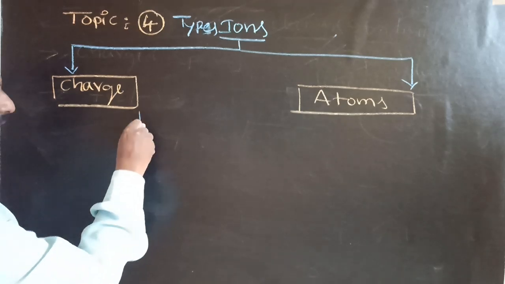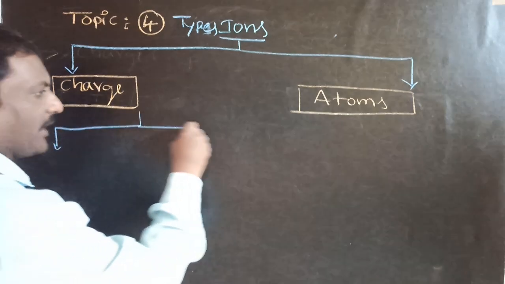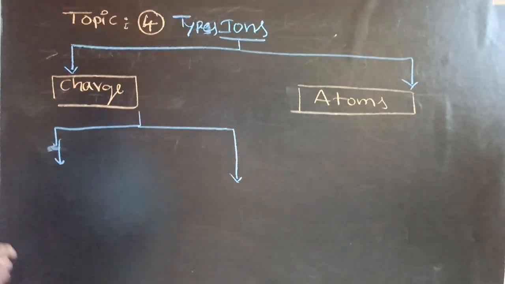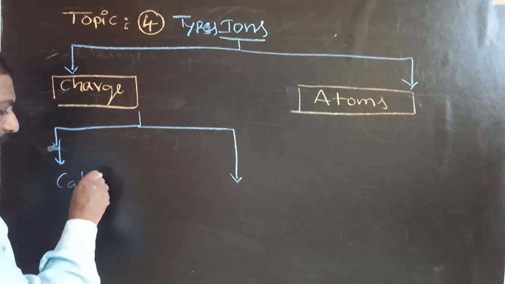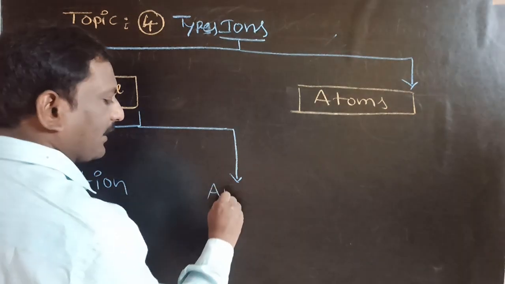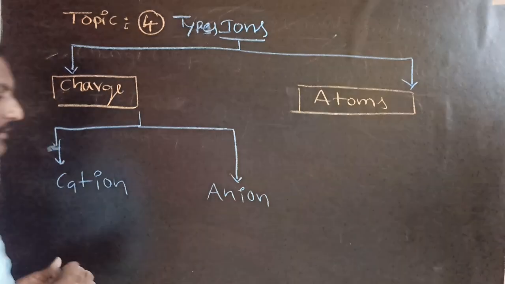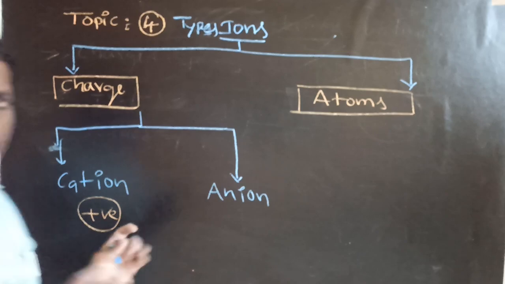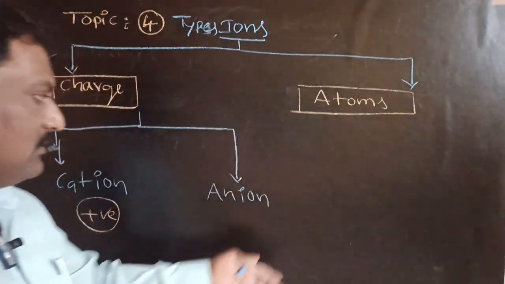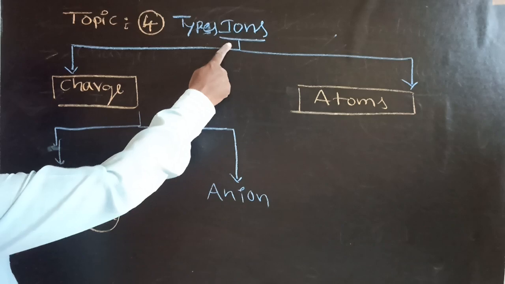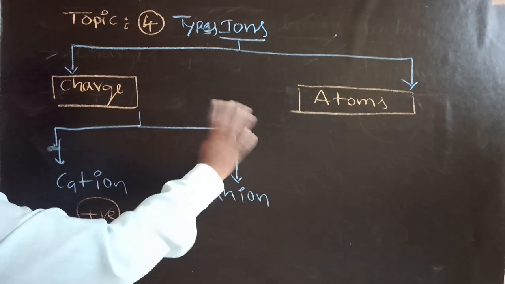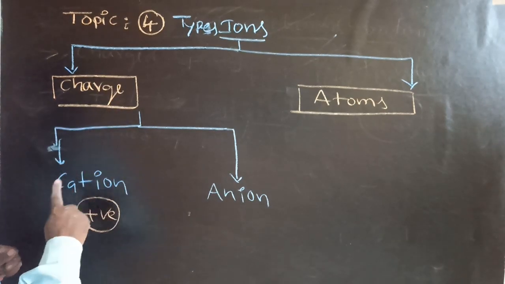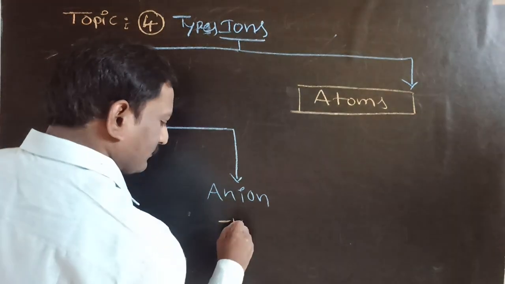Based on charge, ions are classified into two types: cation and anion. Cation means positively charged ions. Later on, let us discuss in detail. No need to worry about that. Just draw the flowchart. Ions are classified into different types based on different kinds of points. Based on charge, these are classified into two types: cation and anion.